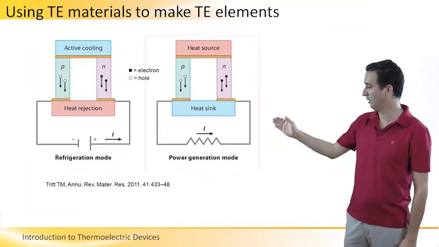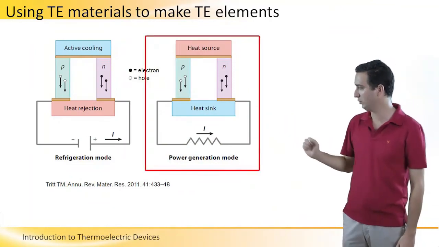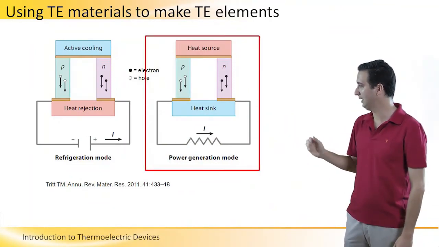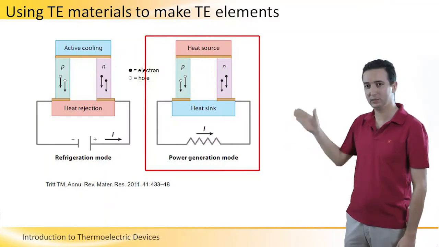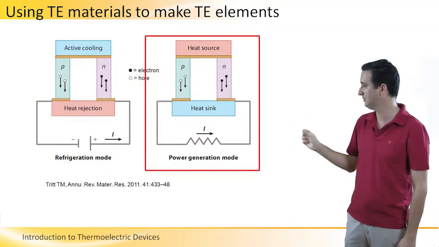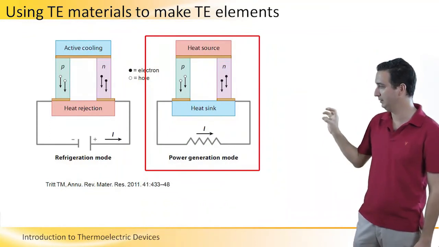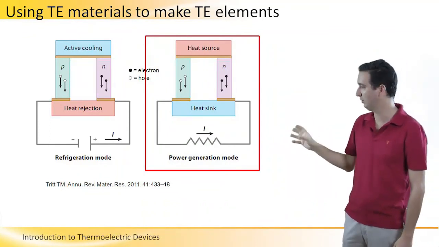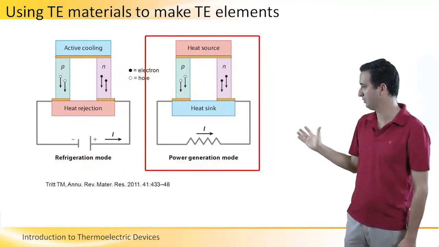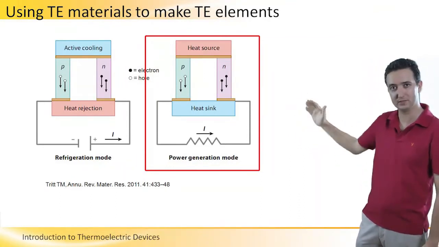If you look on the right, for example, for the power generation mode, you can see that the N-type and P-type thermoelectric semiconductors are connected in series. And by combining these two materials, you gain two things. First of all, you can see we have here an electrical circuit.